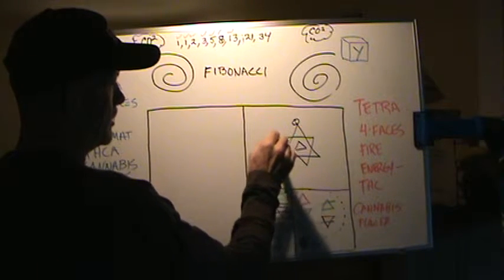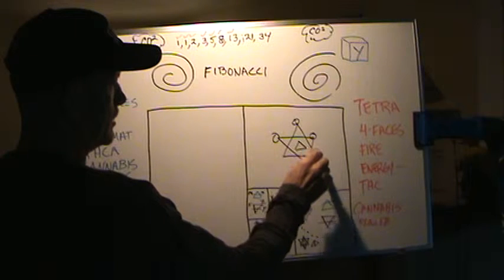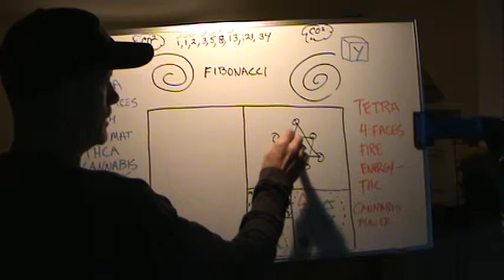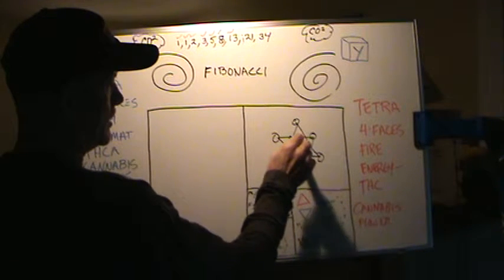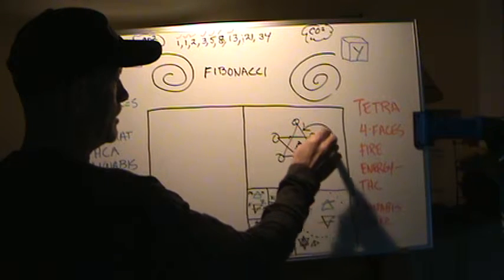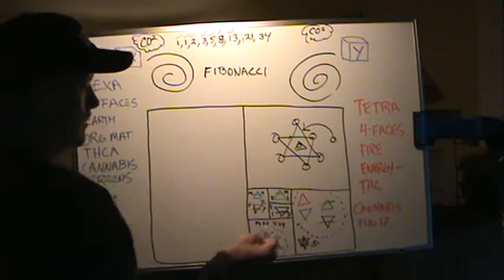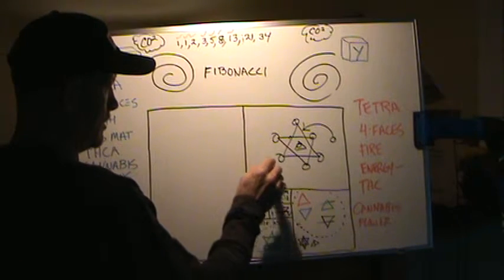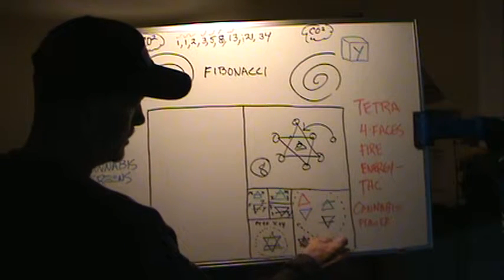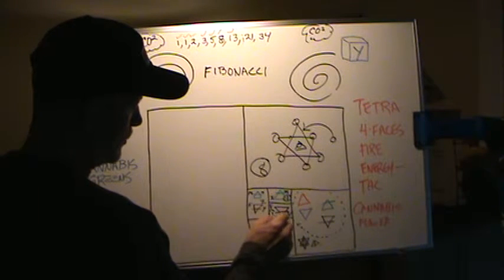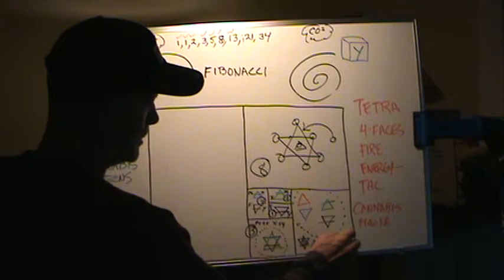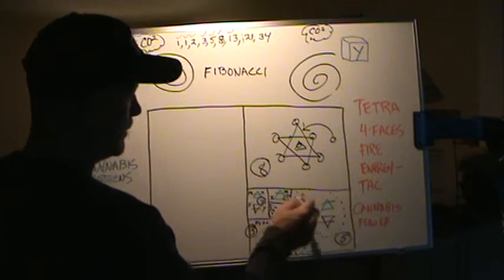So we have 1, 2, 3, 4, 5, 6, 7, and then on the back is 8. So you've got 1, 1, 2, 3, 5, 8.